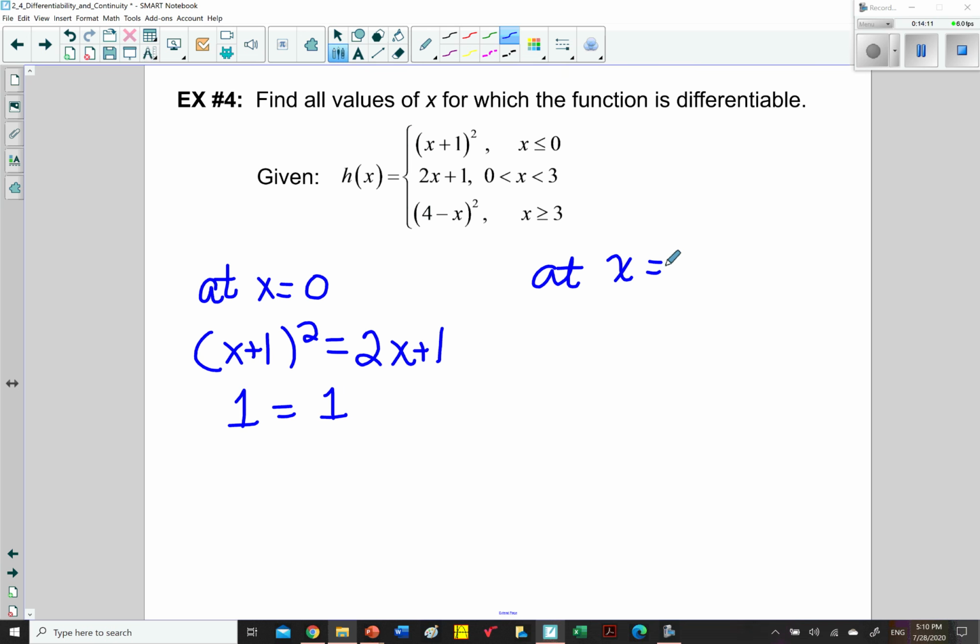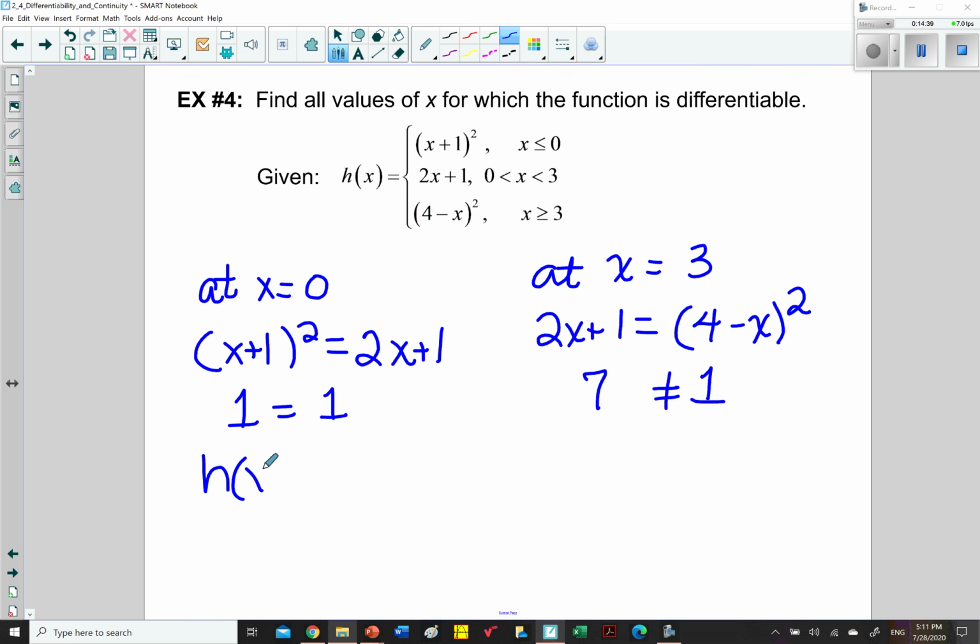At x equals 3, we need to have 2x plus 1 equal to the quantity 4 minus x squared. And checking at 3, you've got 3 times 2, that's 6, plus 1 is 7. And 4 minus 3 is 1. 1 squared is 1. Well, 7's not equal to 1. And here they are equal, so what can we say?